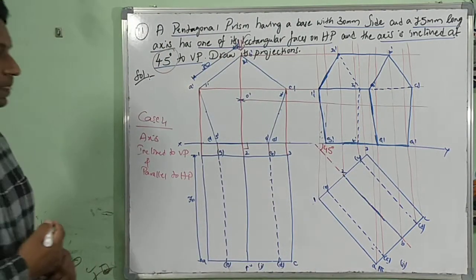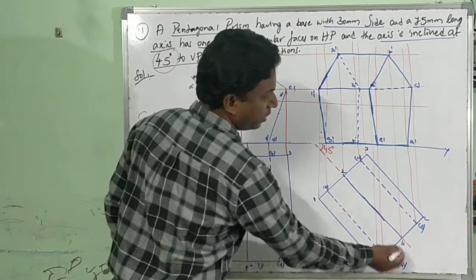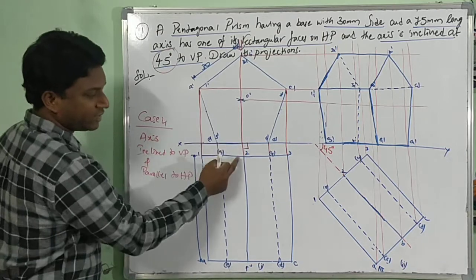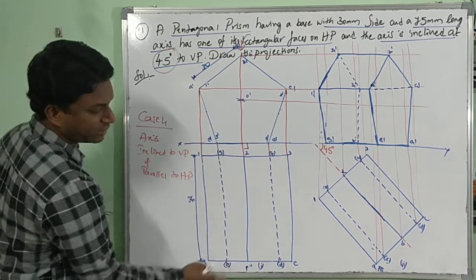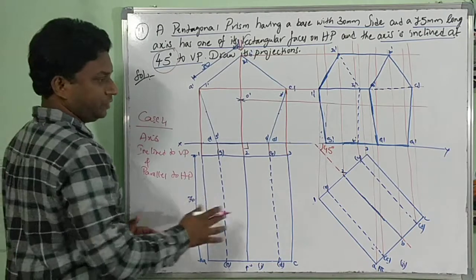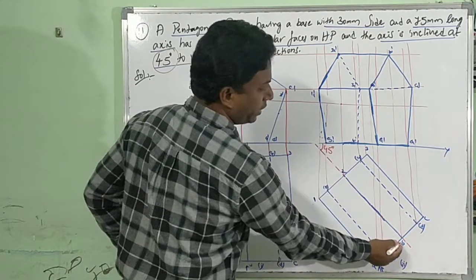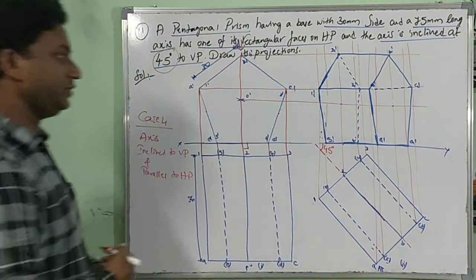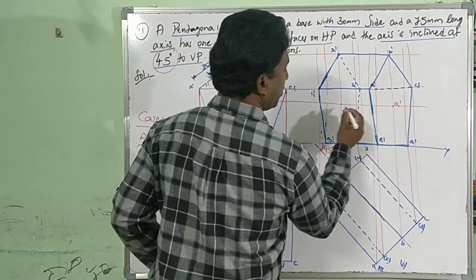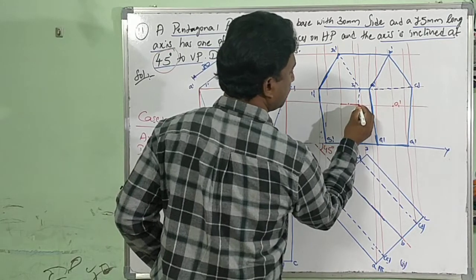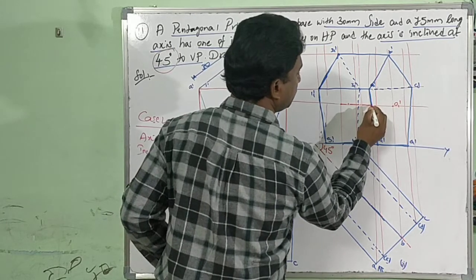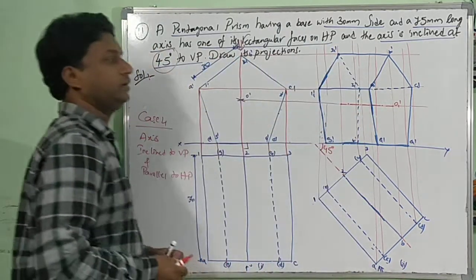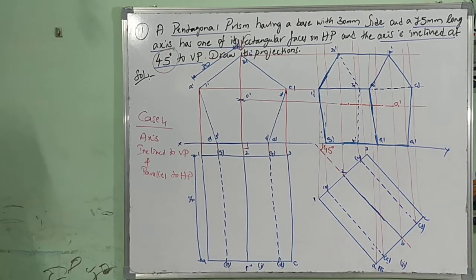This is the last I am doing. Now, as 2 dash B dash is dominating O dash, we consider 2B as the axis line. From 2 comes one point, from B comes another point, which is nothing but O1 dash. Dash dot, dash dot, dash dot: the axis line, which completes the answer.